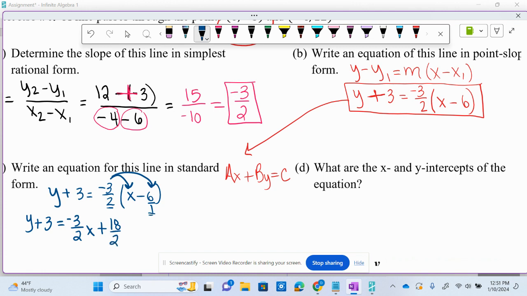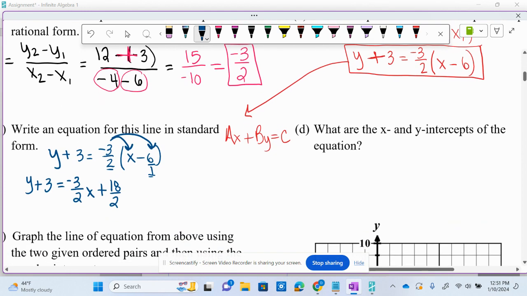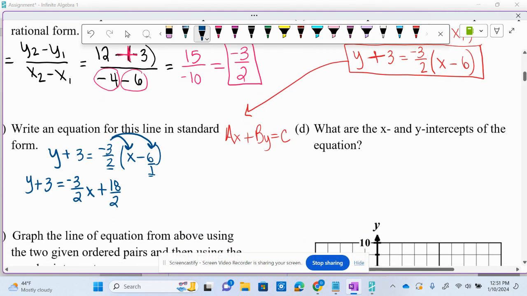What does 18 divided by 2 simplify as? What is 18 divided by 2? It's 9. So I'm going to rewrite this as y plus 3 equals negative 3 halves x plus 9. And I'm going to kind of move it up here. I'm still trying to make it look like ax plus by equals c. What do I have to do next?